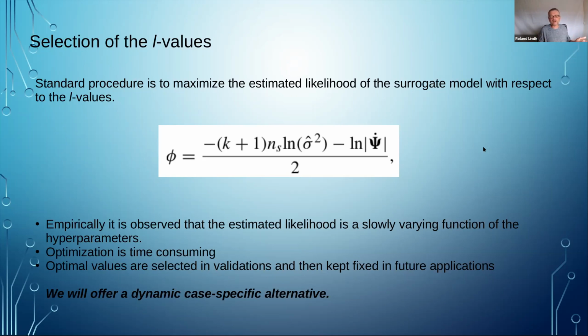They either make a variation and try to find these L values for a particular molecule, or some people do a selected set of L values by doing some validation and minimizing the number of iterations, and then use this consistently afterwards. We will offer a different way in which we dynamically, in a single step, determine these L values without any optimization.